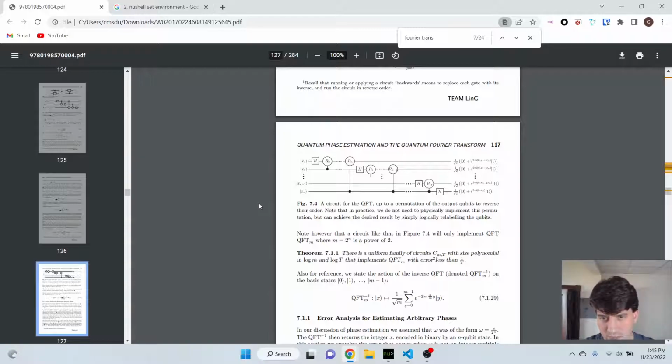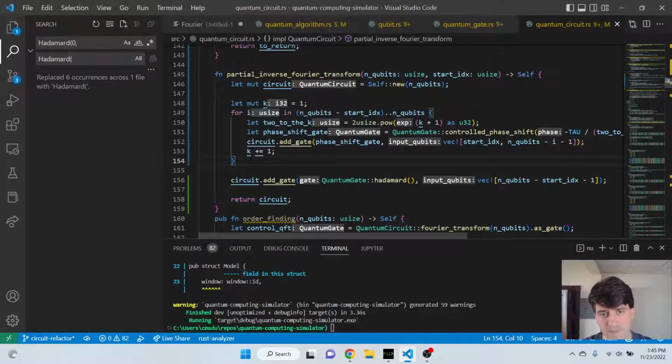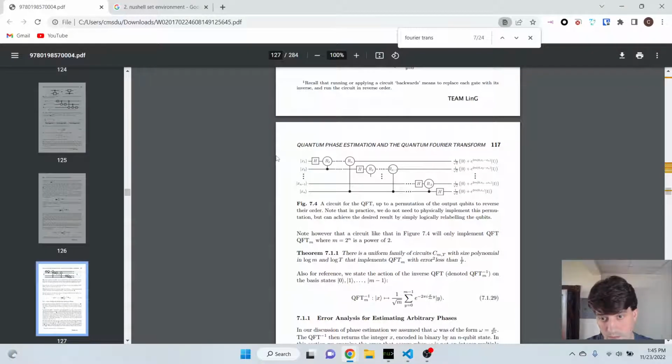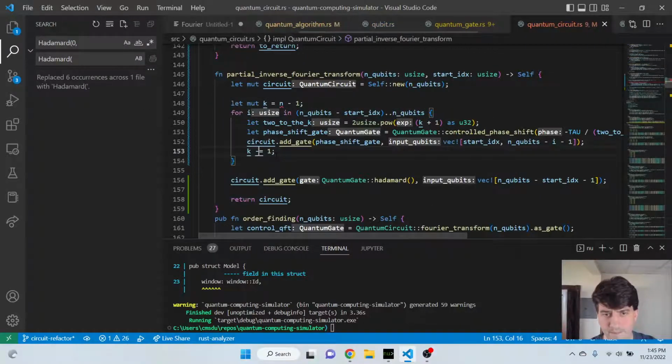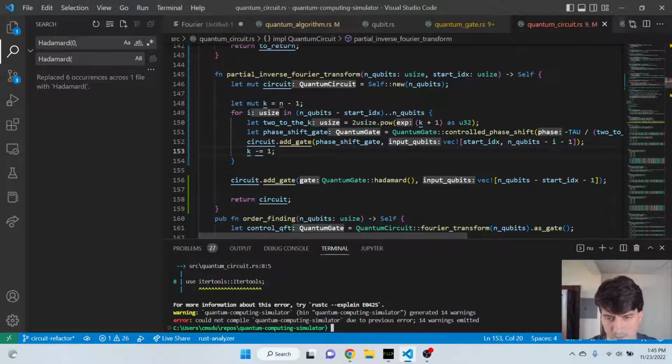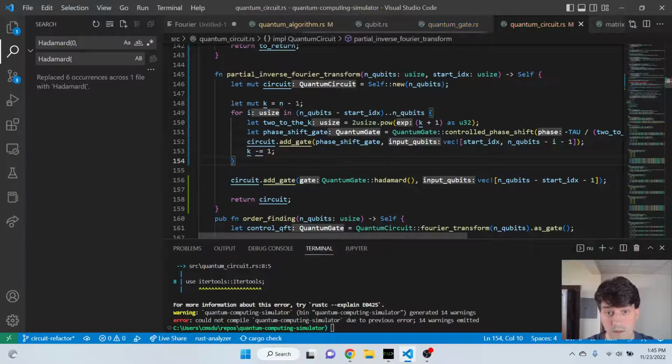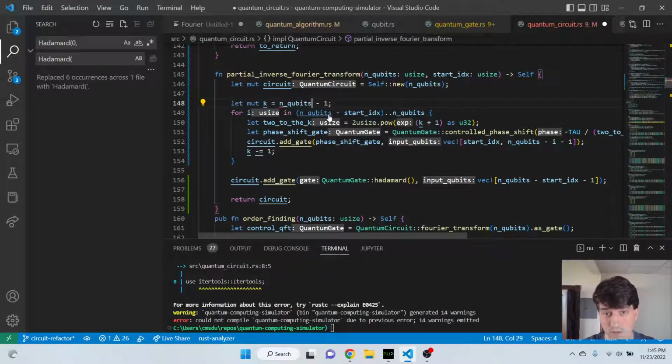So K should not be increasing. K should be decreasing. So K should be n minus 1, and K should be decreasing, I believe. N qubits minus 1.